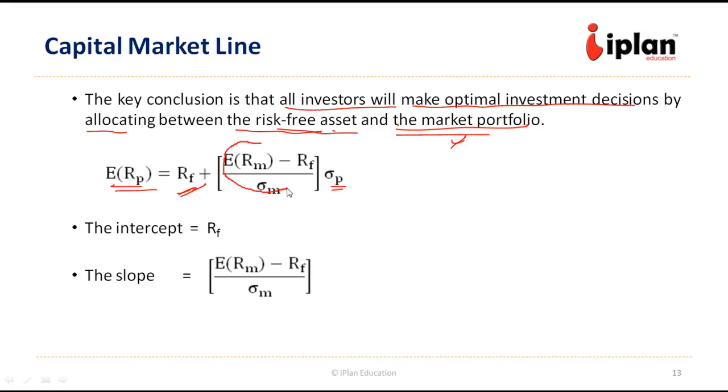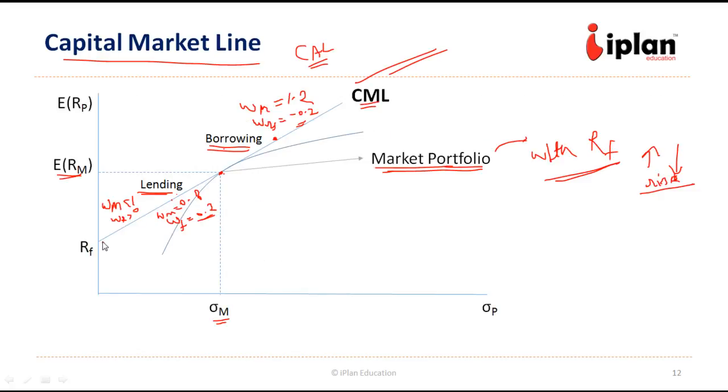So let us look at the chart. Here this RF is the intercept for this particular capital market line. Then we have sigma p on the x-axis and expected rate of return on the y-axis, and the slope can be simply given from this point.